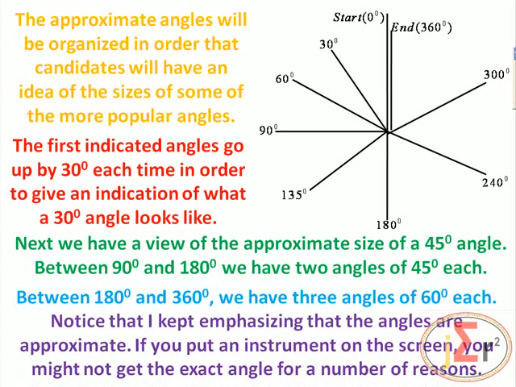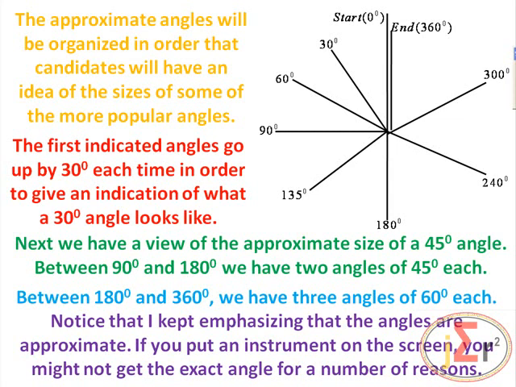Notice that I kept emphasizing that the angles are approximate. If you put an instrument on the screen, you might not get the exact angle for a number of reasons. For example, the dimension of the screen. If the screen is not proportionate, then the angles will be different.